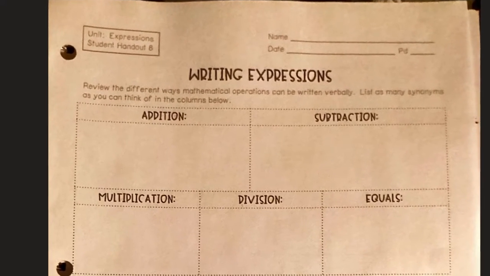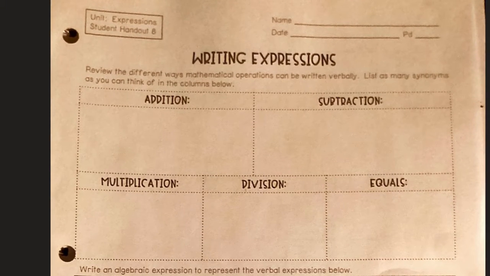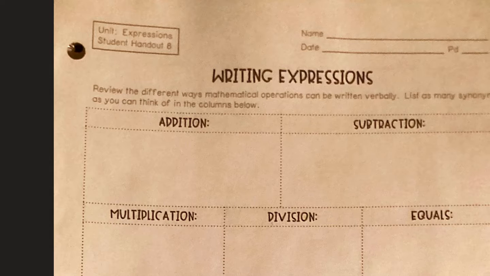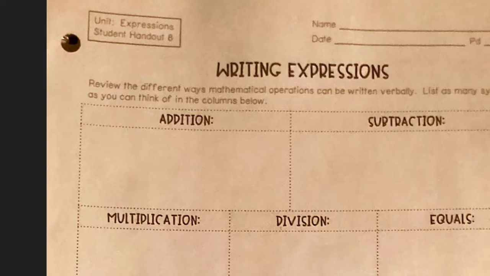Now, when looking at our notes here, it says writing expressions, review the different ways mathematical operations can be written verbally. Write as many synonyms as you can think of in the columns below. So if we're focusing just on addition, how do we talk about addition and what words do we typically use? When working with word problems, sum is the big one. So you can write sum. Another one would be gain.